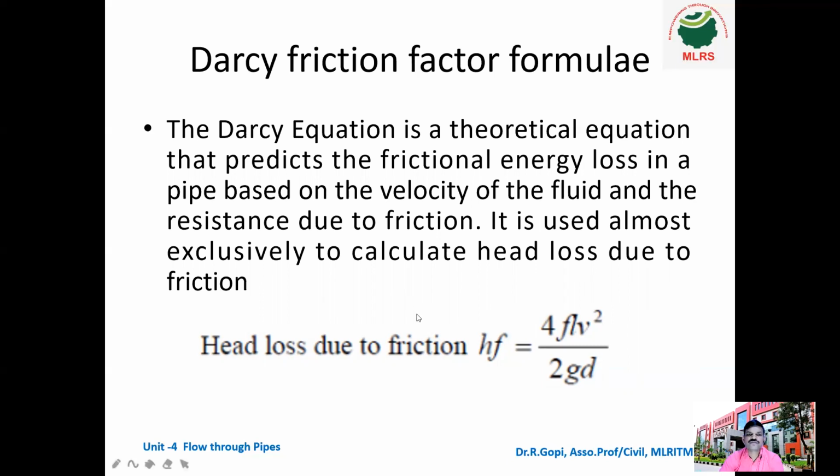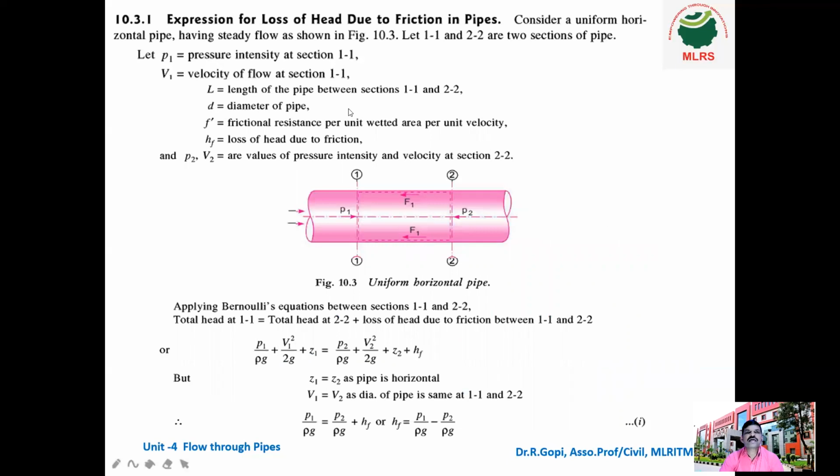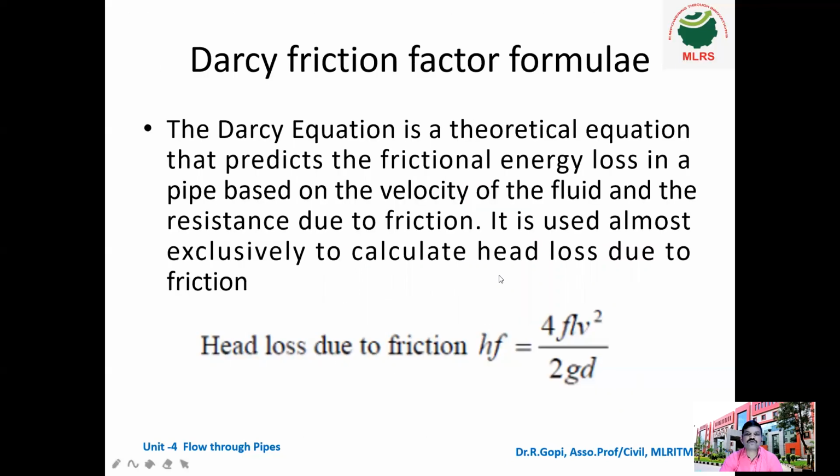There is a derivation of how to get hf equal to 4 f L v squared divided by 2 g d. That is called the Darcy-Weisbach equation. That equation we will discuss in the next class.